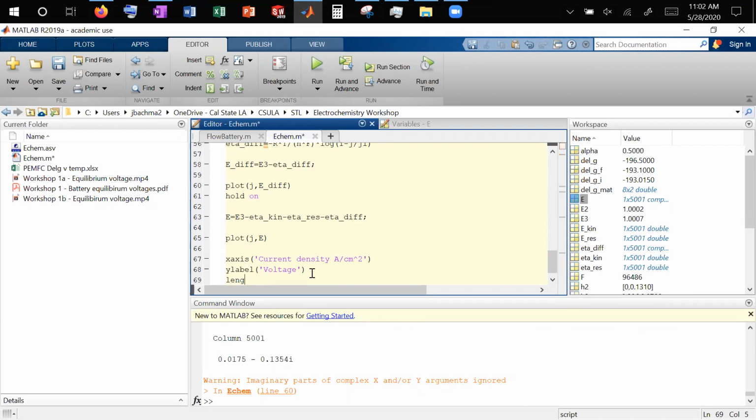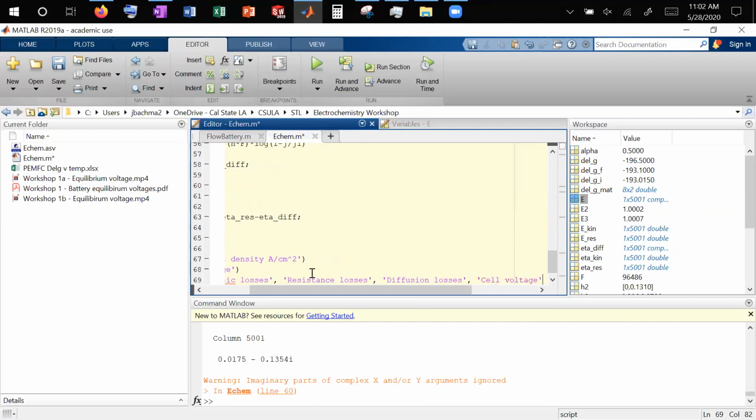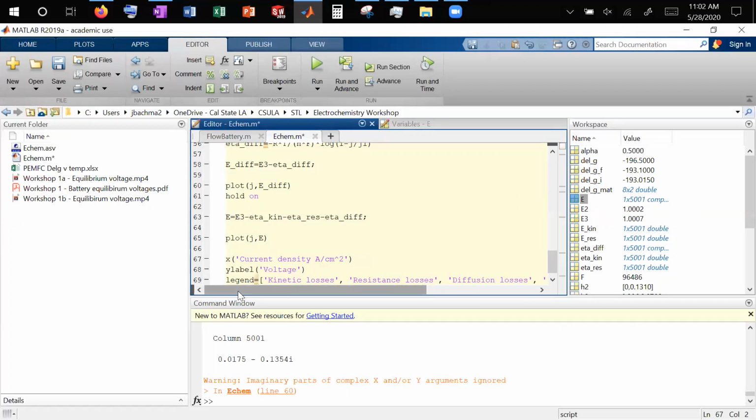Our legend, I think it's what we started with: kinetic losses, resistance losses, diffusion losses. And now we have our cell voltage. Fix it in terms of what Jose told me. We got our X label.